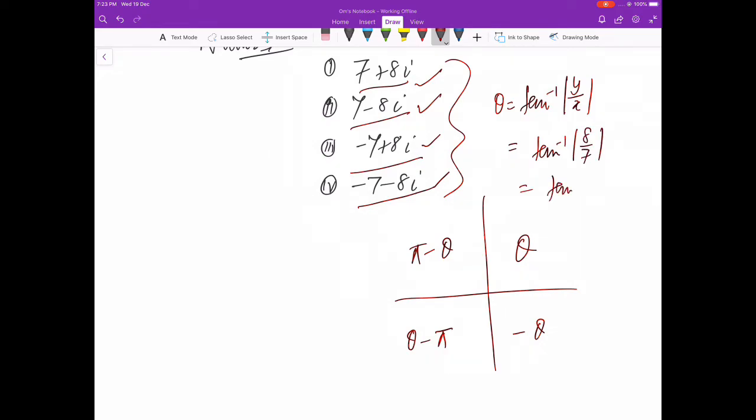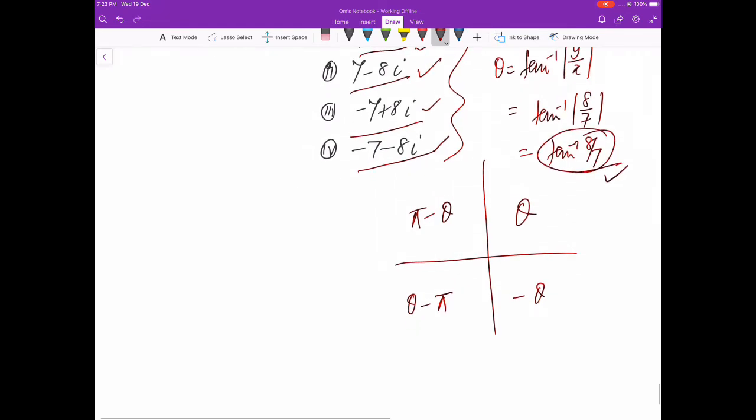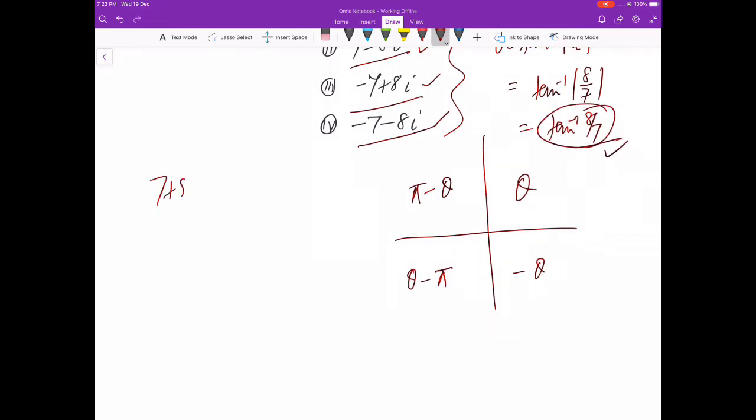First is 7 + 8i. Now we will see the signs of the real and imaginary parts. This is positive, meaning it is in the first quadrant, so it will simply be theta, that is tan inverse 8 by 7. Simply this will be the argument.